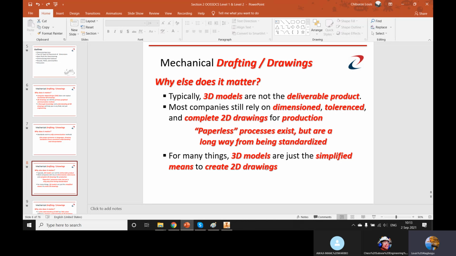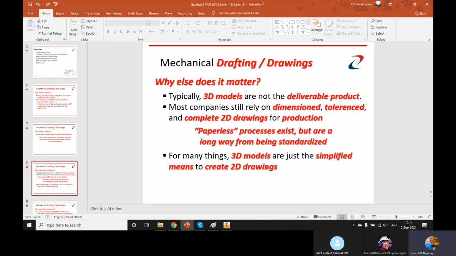You don't just send a 3D drawing of a building to the engineer on the site and expect him to produce that building. It's in the 2D drawings that you see the dimensions and the positioning of every feature in the building, and that's how he'll be able to reproduce it.